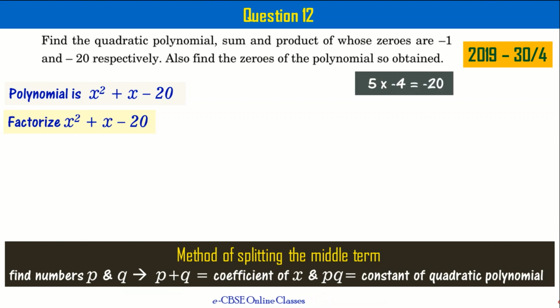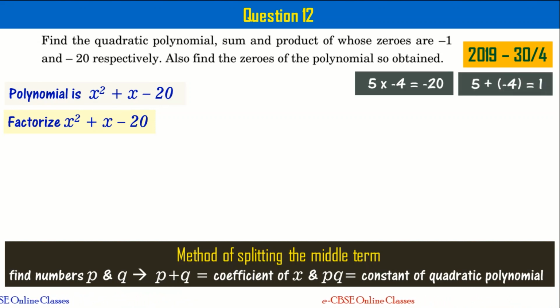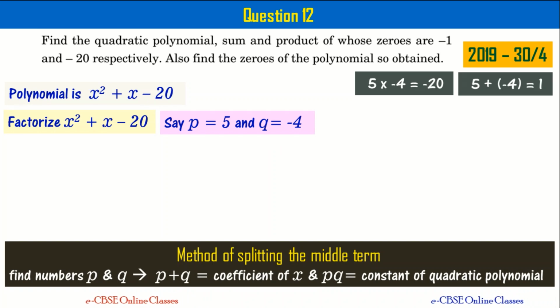It means that if I take 5 and minus 4 as the numbers, 5 times minus 4 is equal to minus 20. 5 plus minus 4 equal to 1. So it is satisfying our requirement, right? So I say that p equal to 5 and q equal to minus 4.